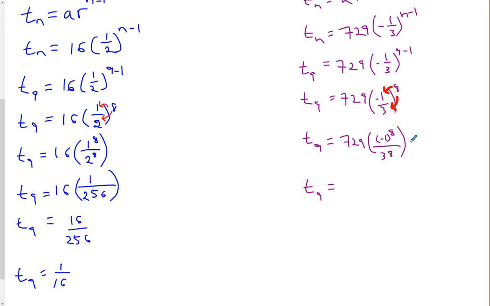And it's going to end up being a positive number. But if I've got an exponent that's an odd number, like 7 or 9 or 11, then all the negatives would cancel out except for 1, and I would still end up with a negative number. So negative 1 to the 8th is just going to turn into 1. And 3 to the 8, it's a big number, 6,561.